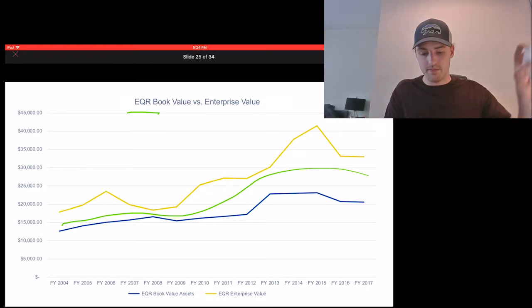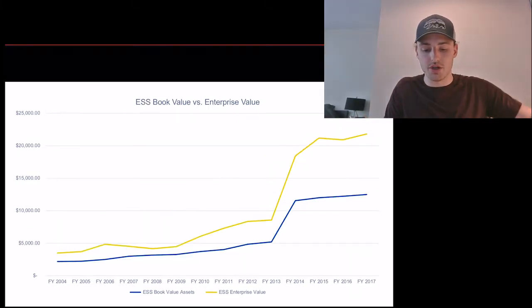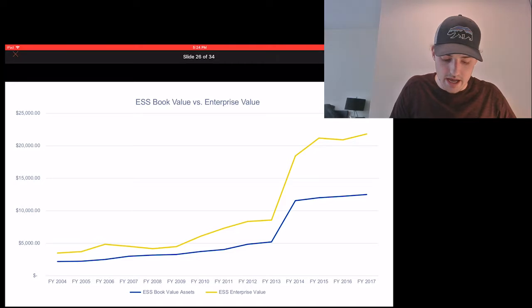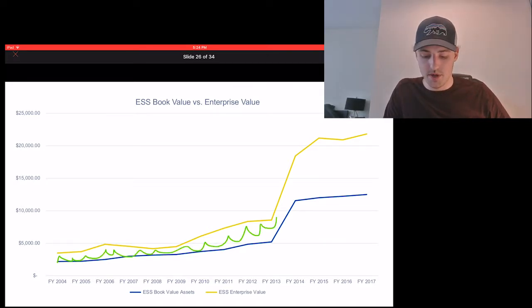And once again, here's ESS, our other residential real estate investment trust. And likewise, unlike student housing, there always is a premium between the enterprise value of assets and book value of assets.